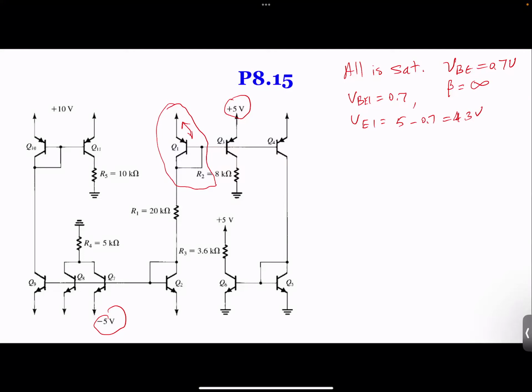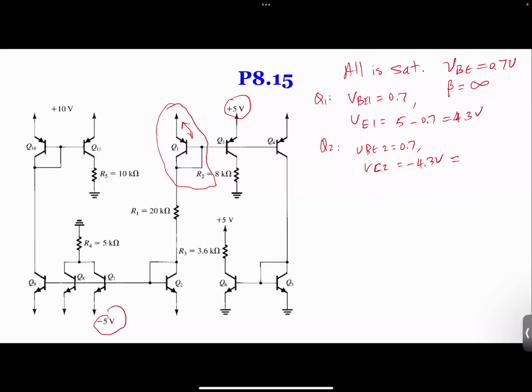And from Q2, we have VBE2 equal to 0.7. Then VC2 is going to be minus 4.3 volts, which is minus 5 plus 0.7.